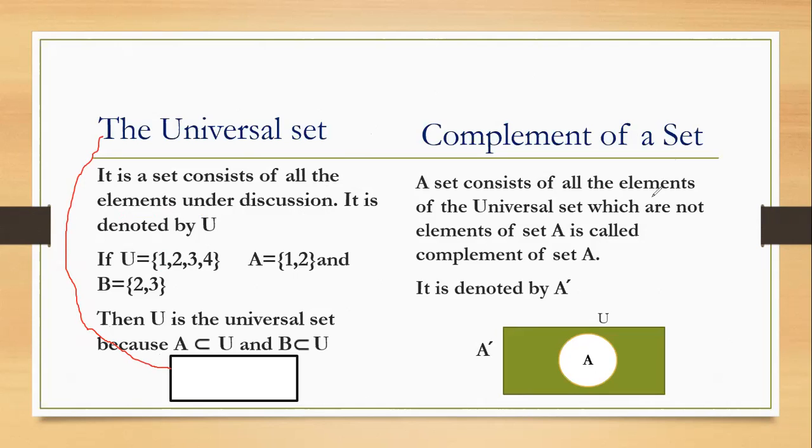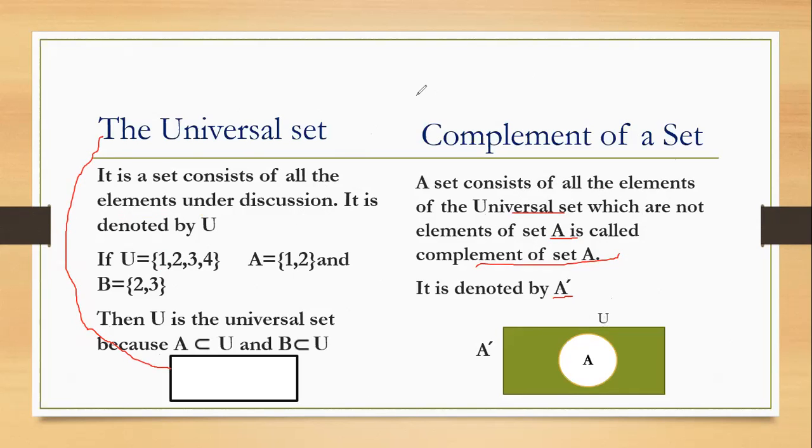Now, what is a complement of a set? A set which consists of all the elements of the universal set which are not the elements of set A is called the complement of set A. It is denoted by A dash. Okay. Now, for example, you have to find the complement of set A. What do you need?